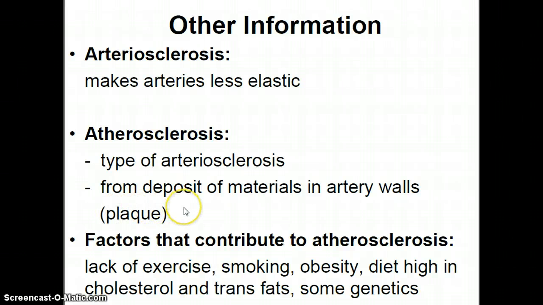Factors that contribute to atherosclerosis are lack of exercise, smoking, obesity, diets that are high in cholesterol and trans fats, and some genetic involvement. But for most people, a poor diet, lack of exercise, and smoking are huge risk factors for cardiac disease.